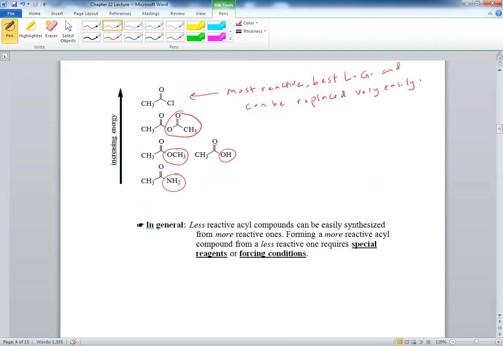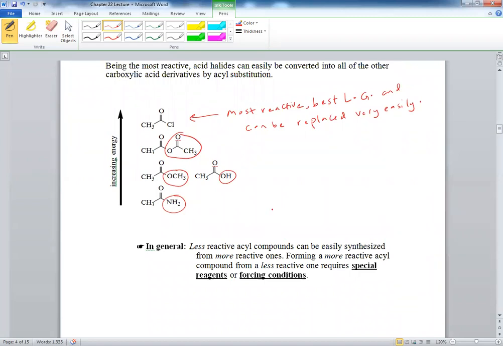So again, in general, even less reactive acyl compounds can be easily synthesized from more reactive ones. Forming a more reactive acyl compound from a less reactive one requires special reagents or forcing conditions.